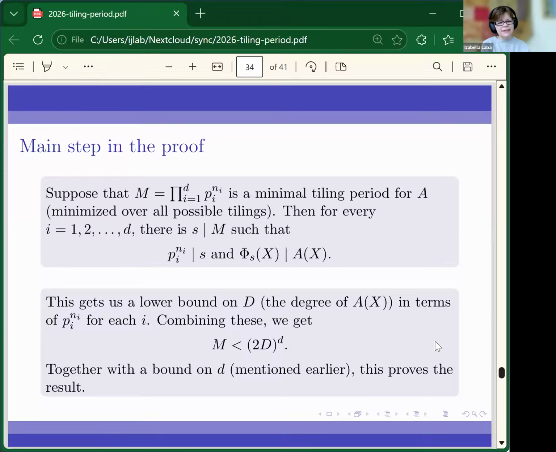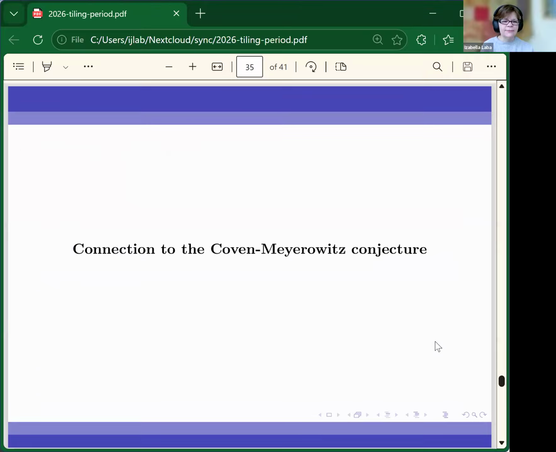And then if I combine those, I get that the period is bounded by 2d to the d. And then together with the bound on the little d, that's the estimate on the number of primes less than a given number, the estimate that I mentioned earlier, that gets us the bound that we want to prove.